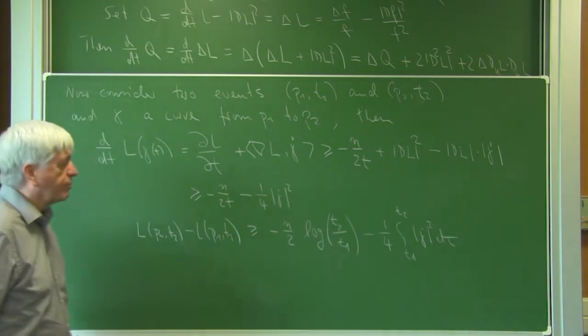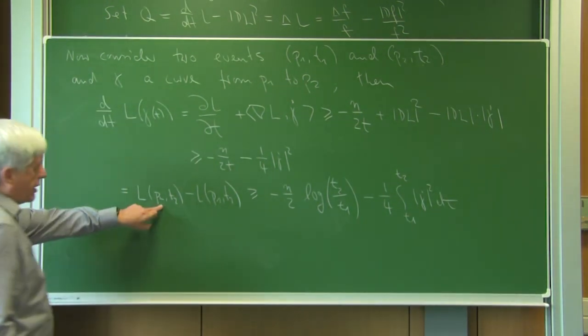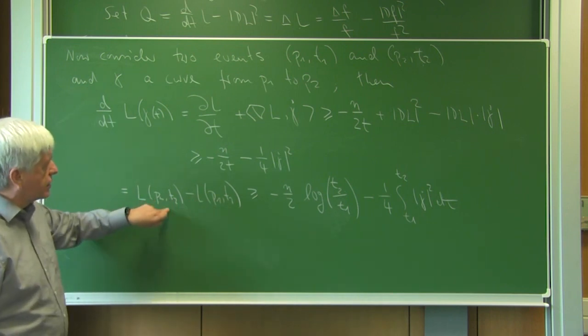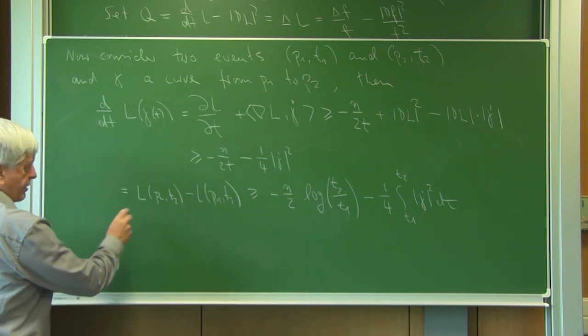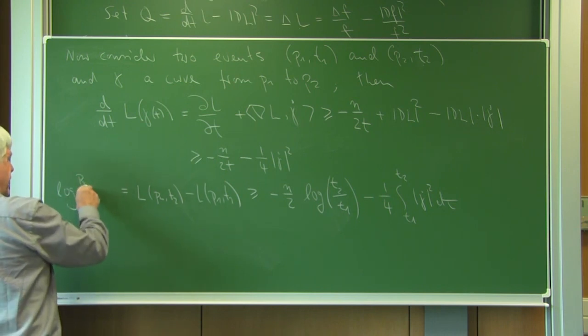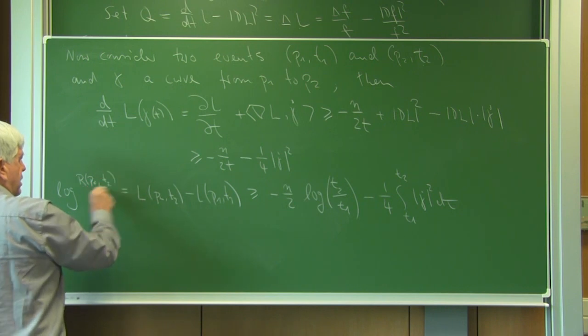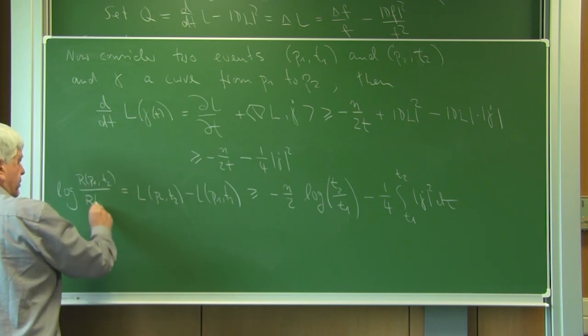But this, on the other hand, here, this is the logarithm of f. So subtracting the two logarithms gives me the logarithm of the quotient between f at P2, T2 by f at P1, T1.